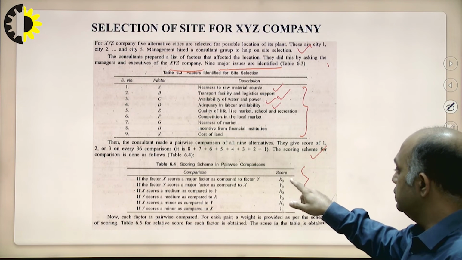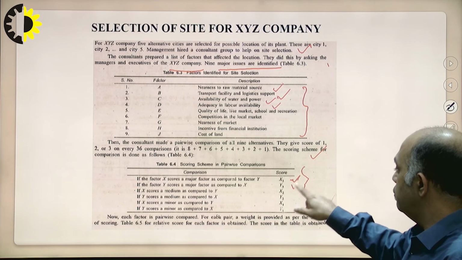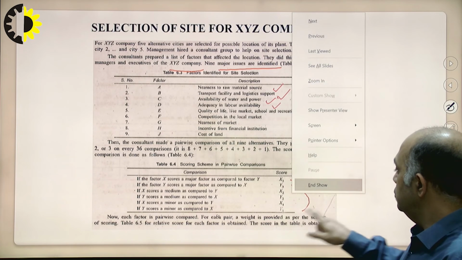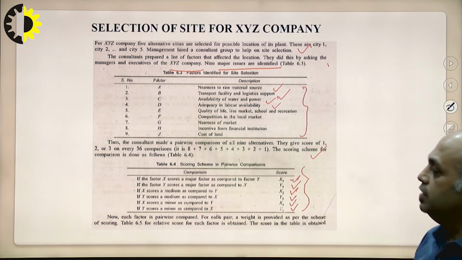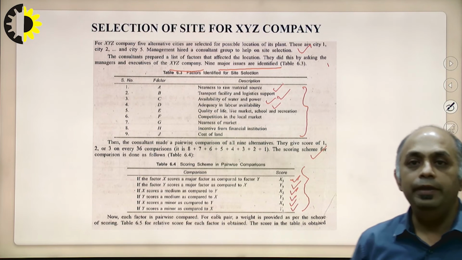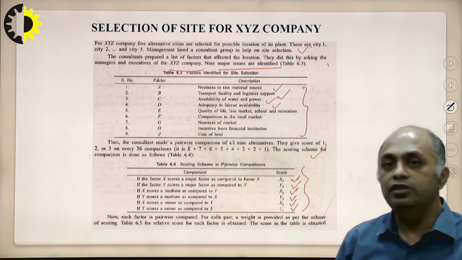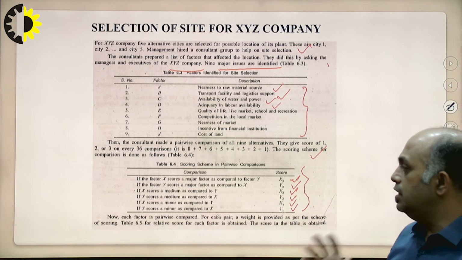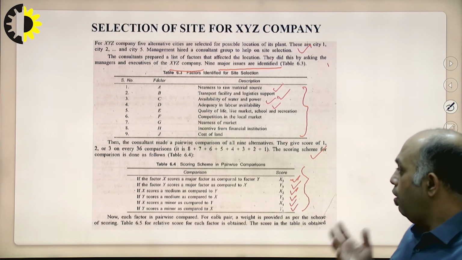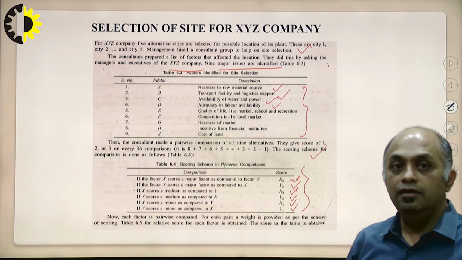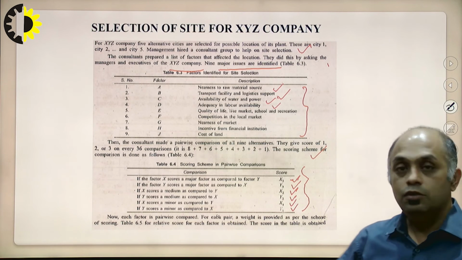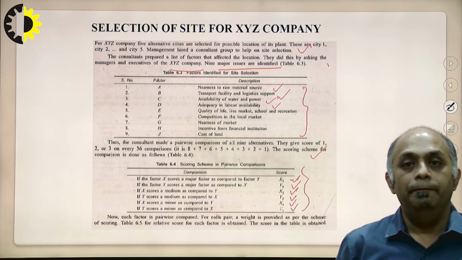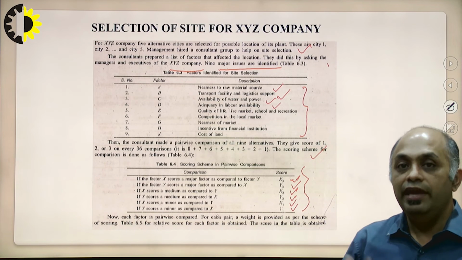So, it is either X3 or Y3, X2 or Y2. If I am comparing A with B, and A has a major score as compared to B, I have to give A3 there, right.